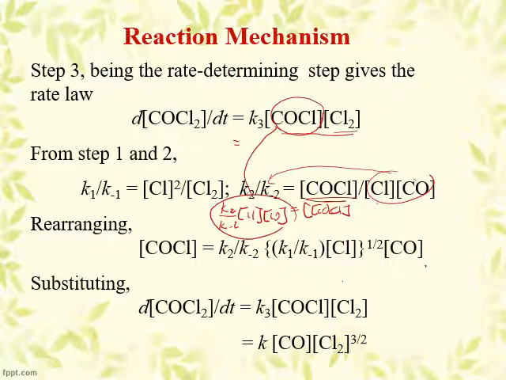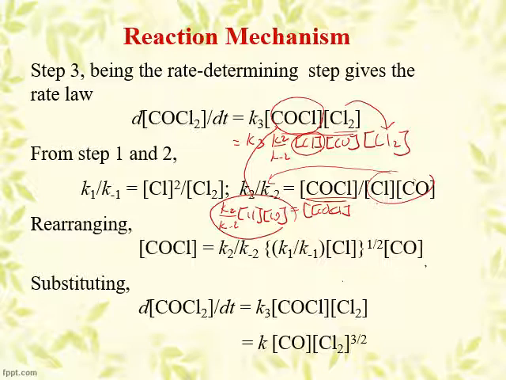So we have k3, k2 over k negative 2, [Cl][CO][Cl2] from here. If you notice, it's not complete yet, because we have [Cl], which is not present in the overall reaction. So we have to replace that.